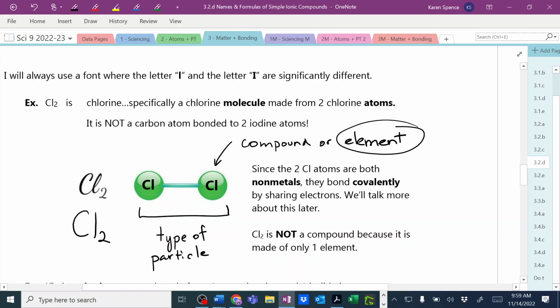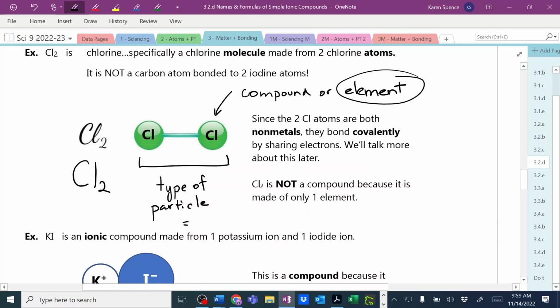That is indeed a molecule. It is diatomic. Yes, because it is made of two atoms.